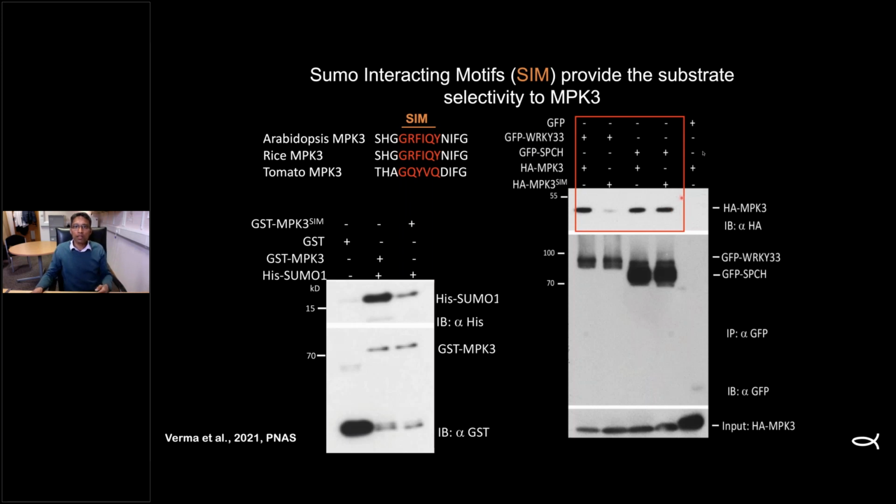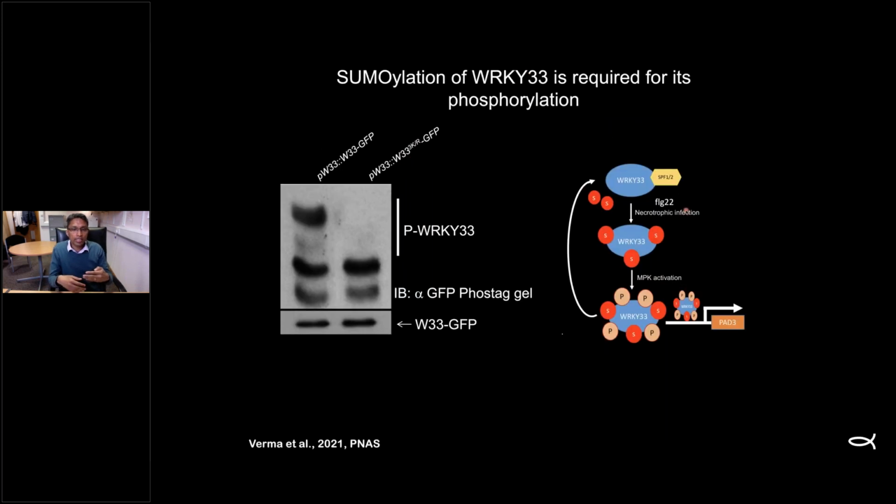Therefore, what we found is that during the immune response, SUMOylation of specific targets like WORKY33 allows MPK to selectively pick them out through its SIM motif and directly bind the SUMOylated proteins.